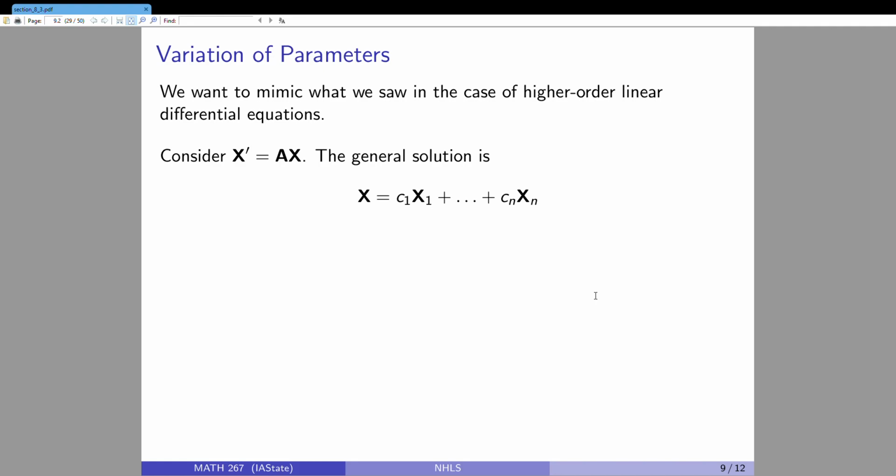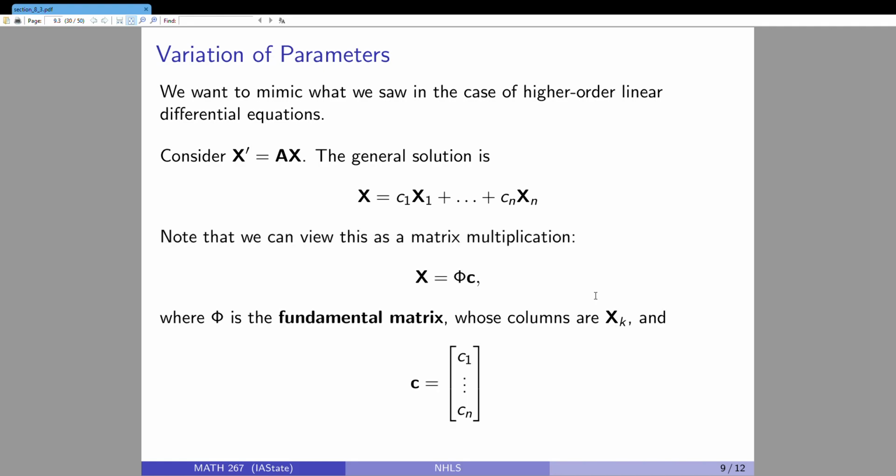Rather than looking at the general solution as these sums of scaled vectors, I should view it as a matrix multiplication instead, where phi is what's known as the fundamental matrix. So the matrix that is formed by taking these vectors, x sub 1 to x sub k, and smashing them together. So each one of those forms the columns, and the bold C here is just the coefficients.